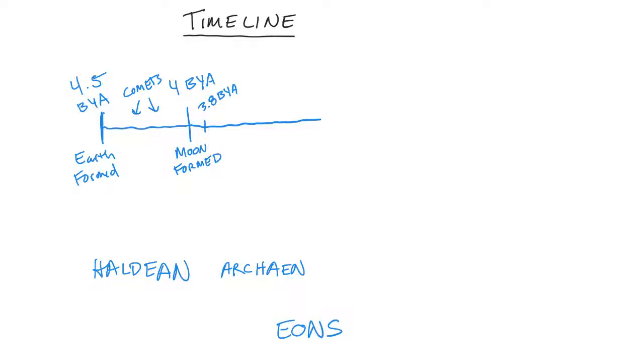So 3.8 billion years ago, we have the first prokaryotes, which were likely archaea bacteria. Okay, but we didn't really get much else out of the Archean eon.